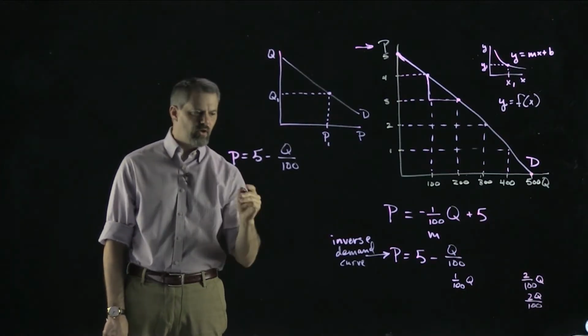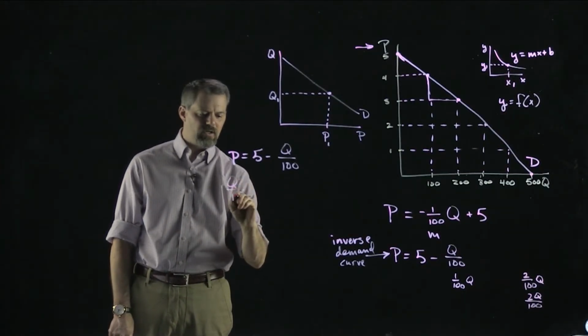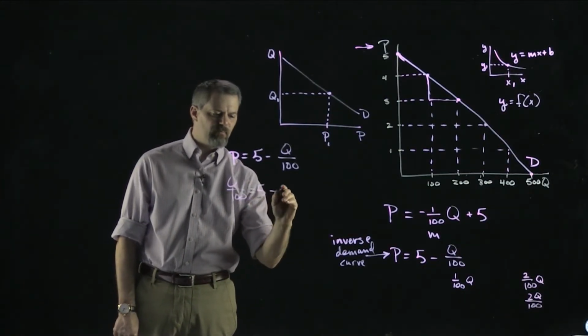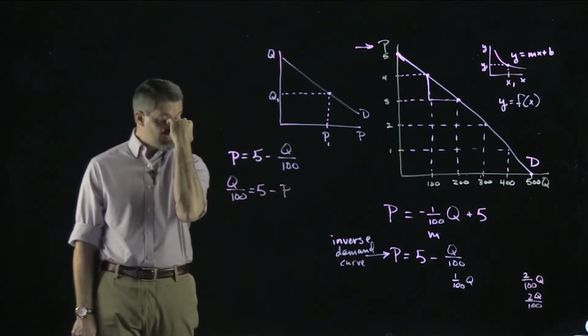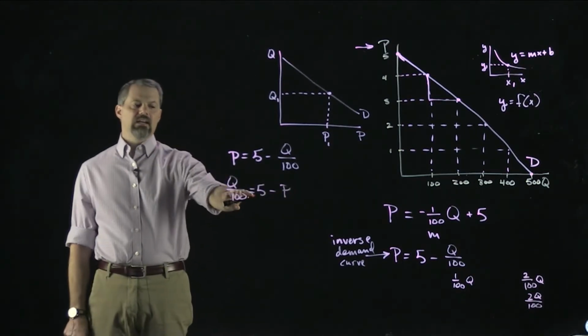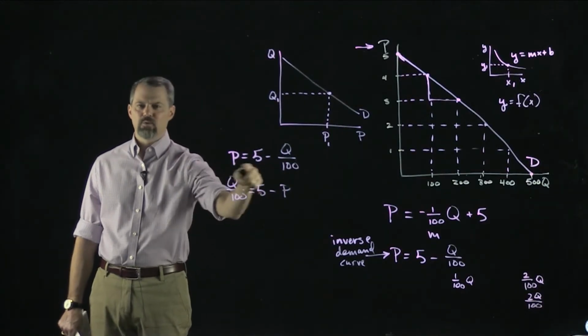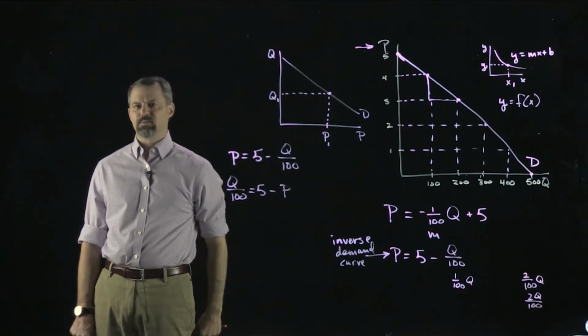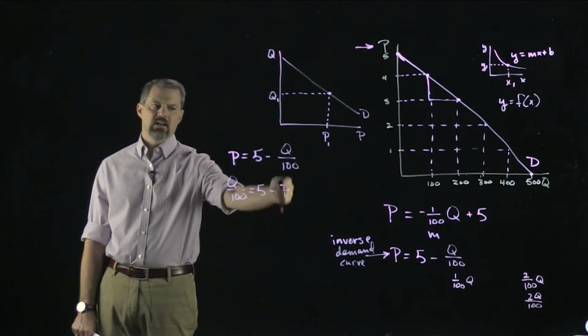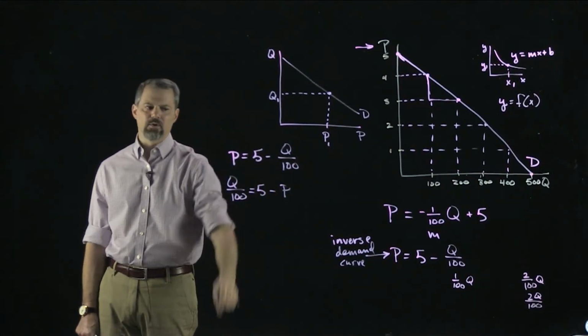So I'm going to move this over. So Q over 100 is equal to 5 minus P. All I did there is I reversed where these two terms were. I moved this one over, subtracted it from both sides, and I moved that over, added it to both sides.